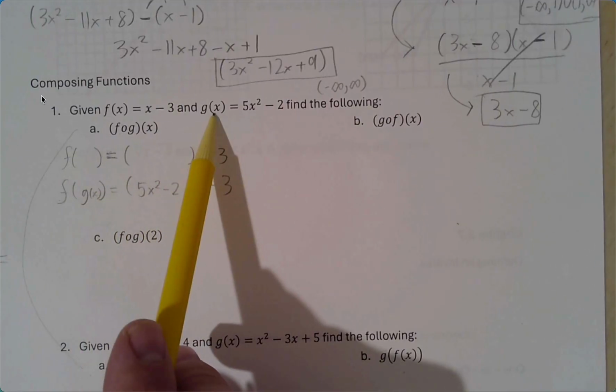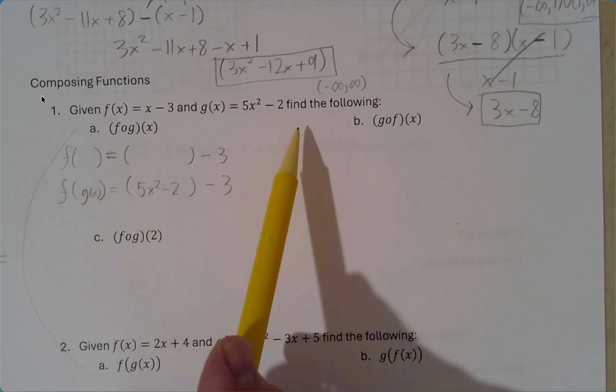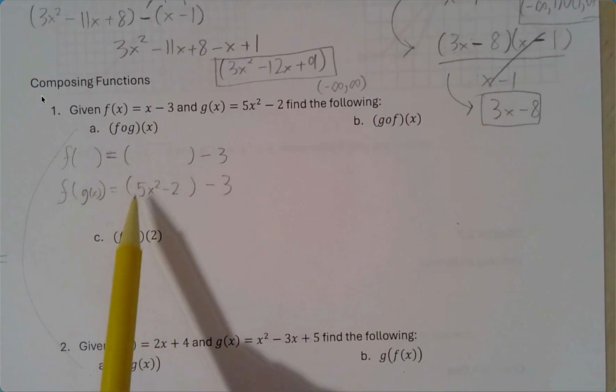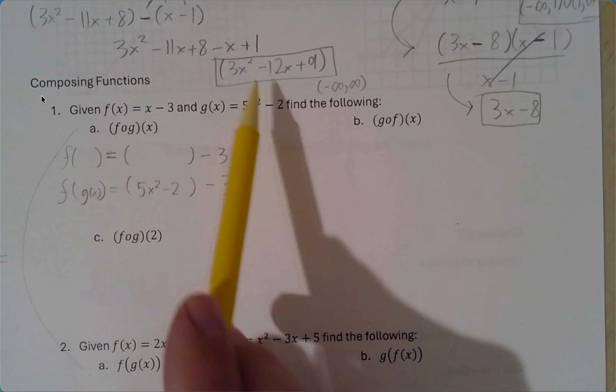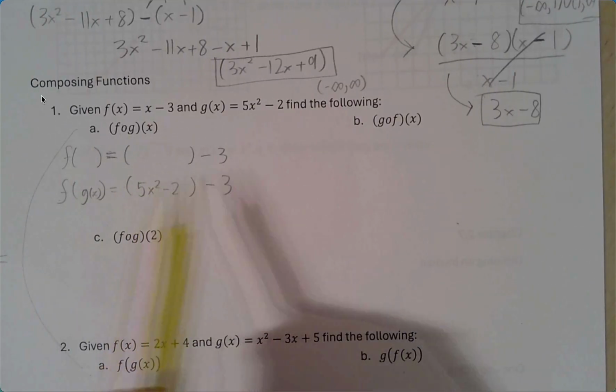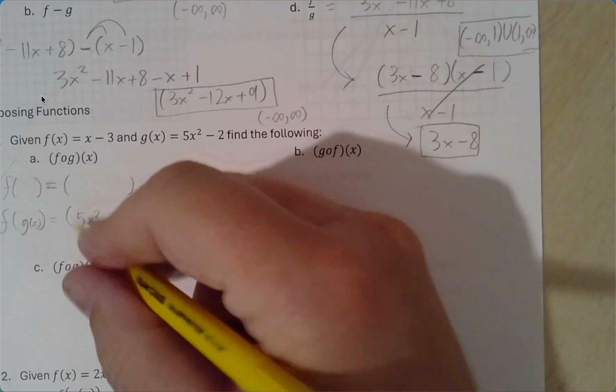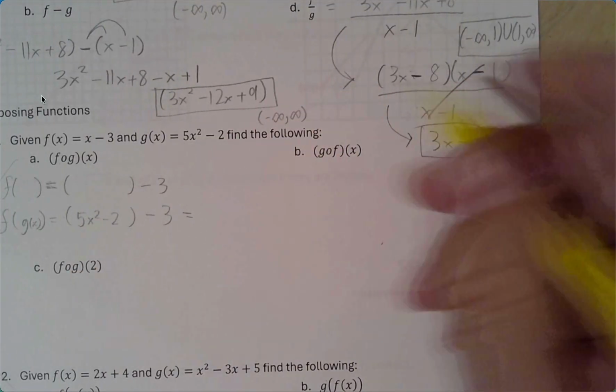And again, g of x has literally g of x on the left of the equals, but it has this algebra on the right of the equals. So where I had my skeleton to be filled in, I filled in the 5x squared minus 2, the algebra of g of x, on the right-hand side. Now all we need to do there is then work that out, and thankfully the parentheses don't need to be there anymore.